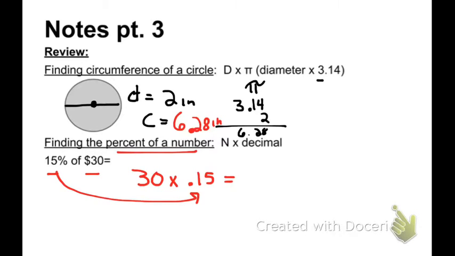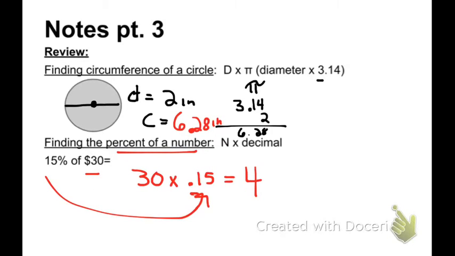And if I multiply that out using a calculator, 30 times 0.15 gives us 4.5, which makes sense to us if we think that 10% of 30 would be 3, and then half of 3 is 1.5. So 15% being 10% and half of 10%, I could go on and on. But we end up getting 4.5, and that is a reasonable answer.